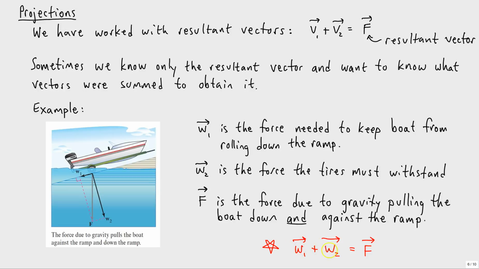Well, that's the force that we would know easily in this situation. So we can figure out vector F pretty easily. It'd be a little bit more work to figure out what W1 and W2 are. So we would know the resultant vector and we might want to know the two vectors that summed to that resultant vector.